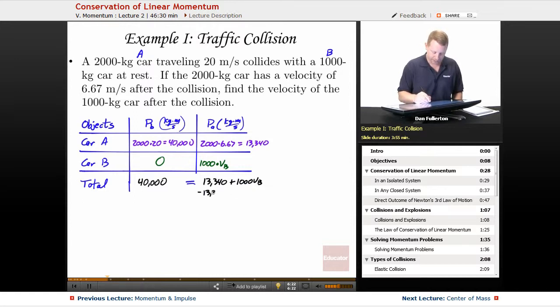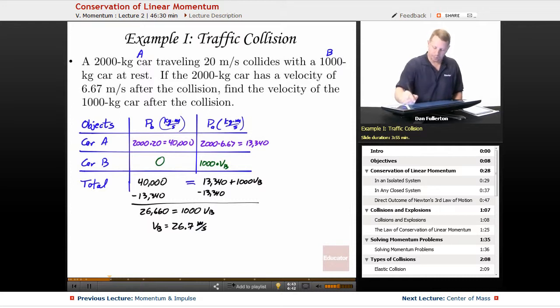Let's subtract 13,340 from both sides. And I have that 26,660 must equal 1,000 VB. Therefore, VB must equal 26.66, and we'll round that to 26.7 meters per second. So there's the velocity of car B after the collision, applying the law of conservation of linear momentum.